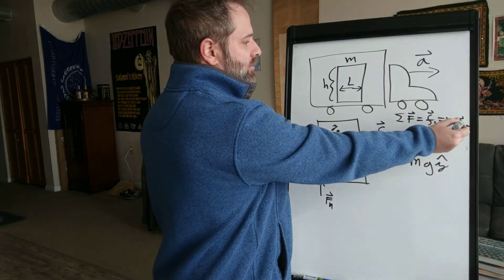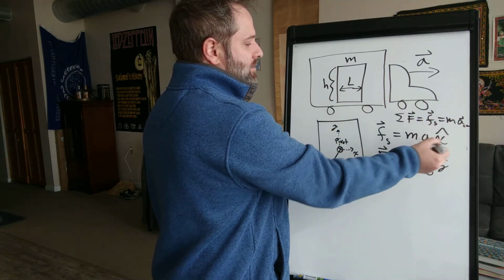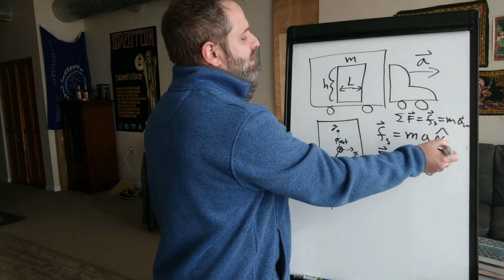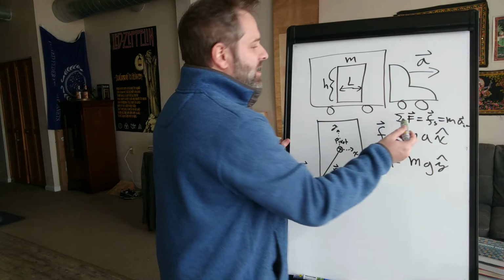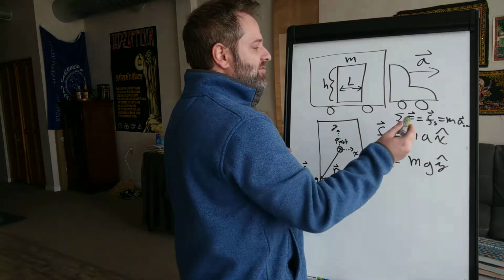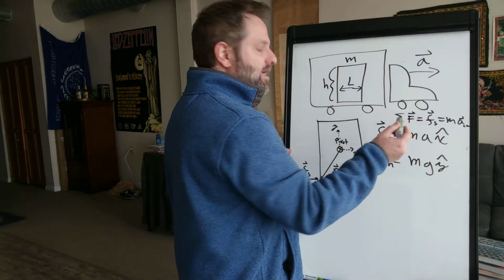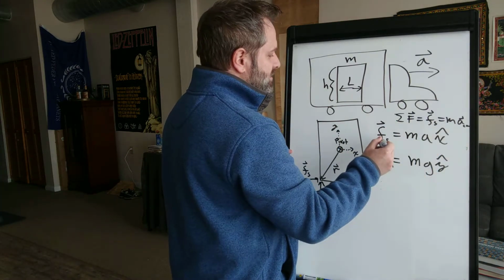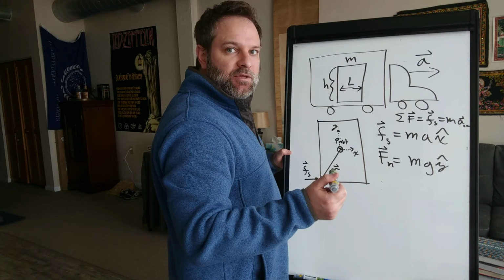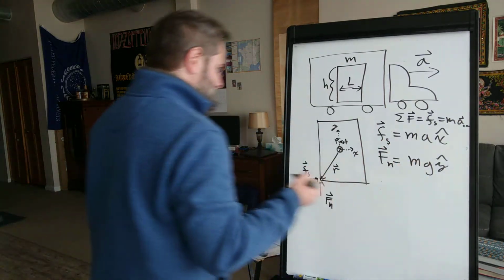With this a, I've taken the vector component out because I know it's going to point in the x direction, so I just have the acceleration. So our condition for static equilibrium for forces for an object in a non-inertial reference frame gives us this equation here, which gives us a value for the force of static friction on this object.